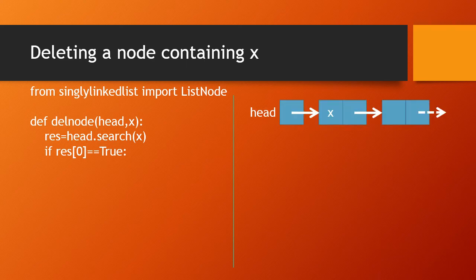In this case, res0 is true, we know that. Res1 will be None because there is no node before the node containing x. And res2 will be pointing to the node containing x. Now, what do I want to do? I want to delete this node containing x.